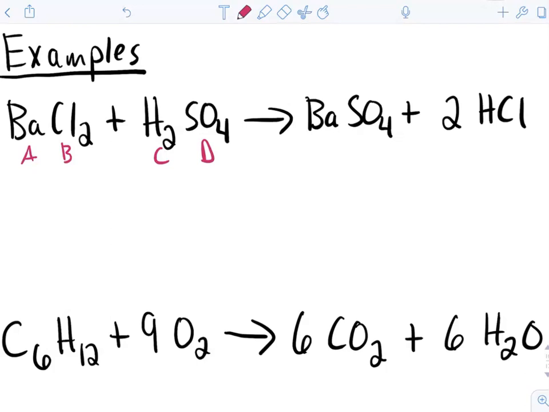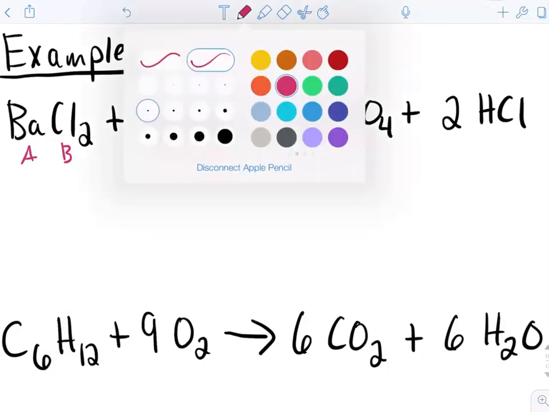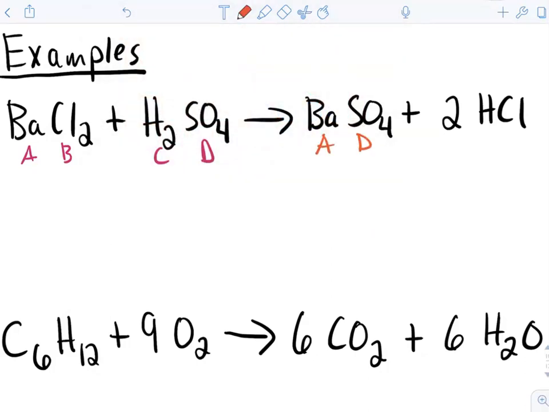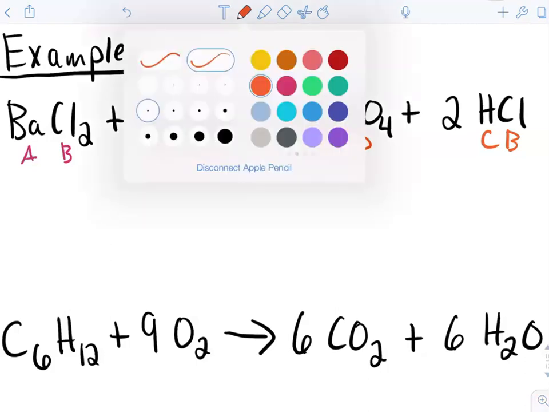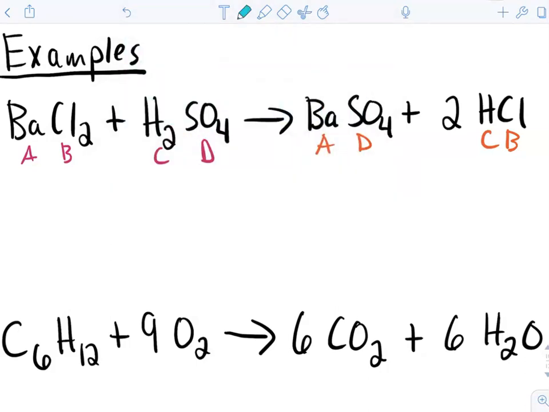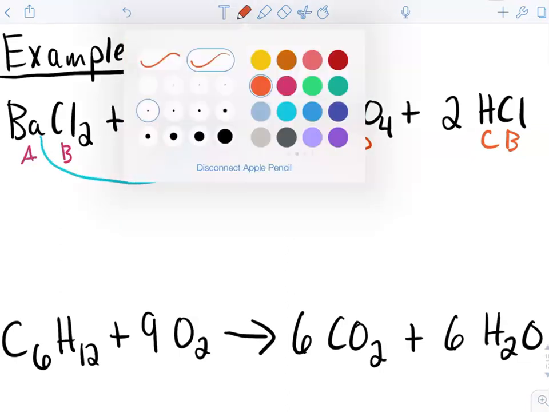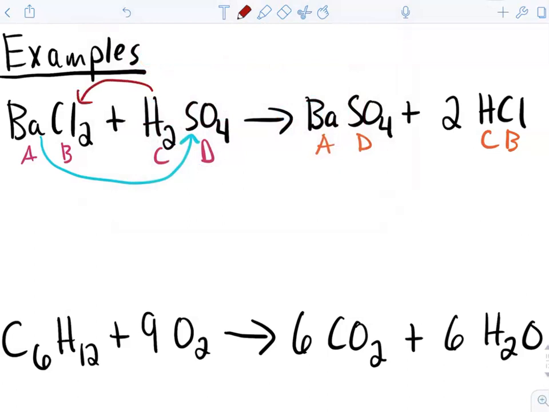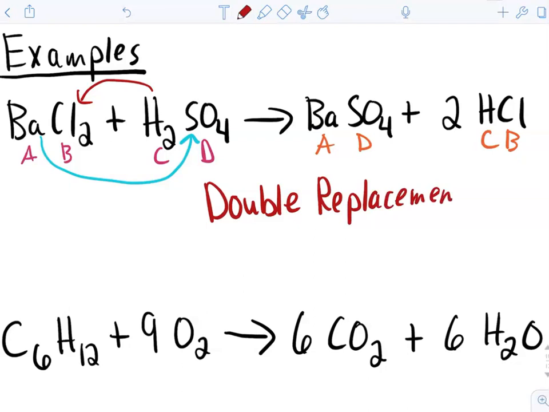And if I come over here, I'm going to see that I have A, D, and then C and B. Or I can think of it as my Ba came over here, and then the H2 went over here. Either way you want to look at it. But this one is a double replacement. And I abbreviate that as DR.